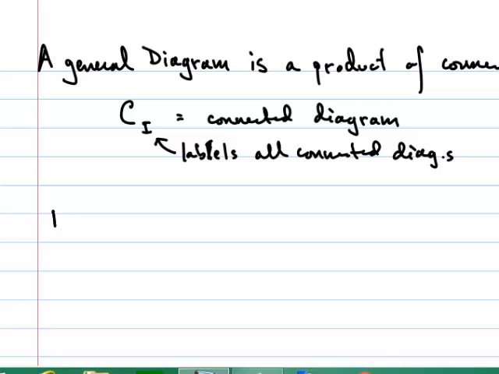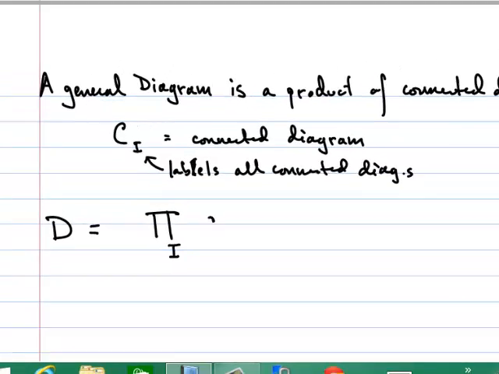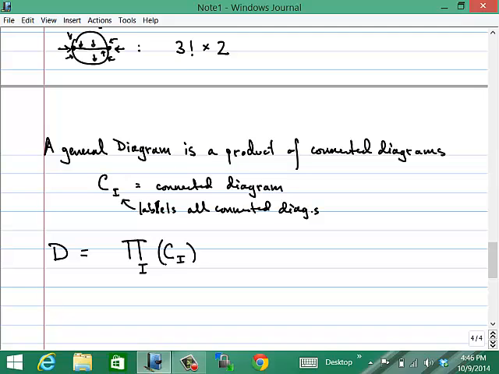And a general diagram will take the form of the product over all I of C sub I to some integer n sub I. So each connected diagram C sub I appears in a general diagram n sub I times. And there'll be some symmetry factor.